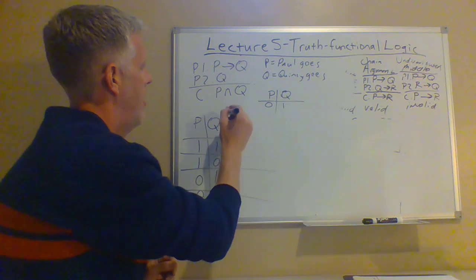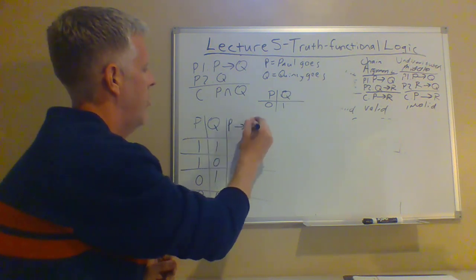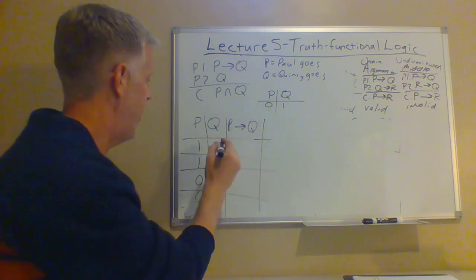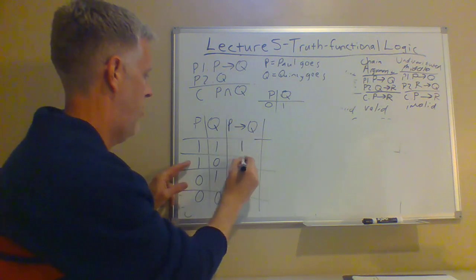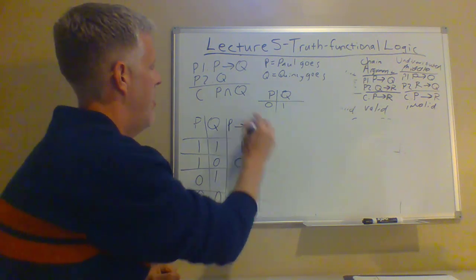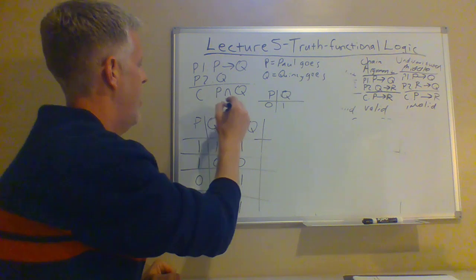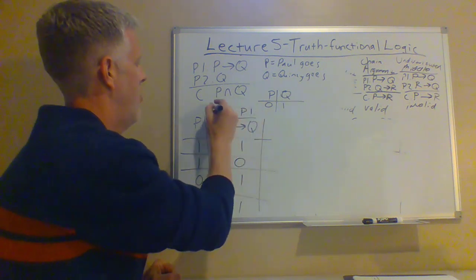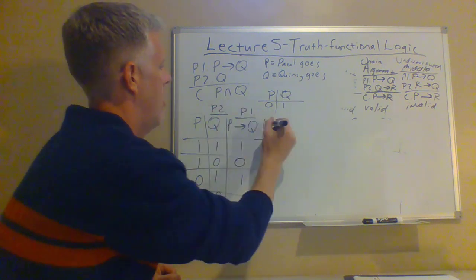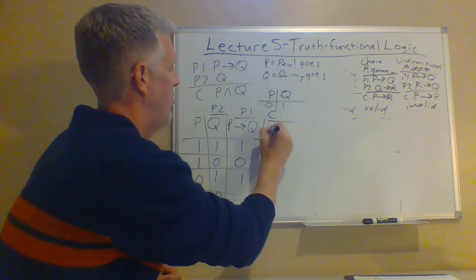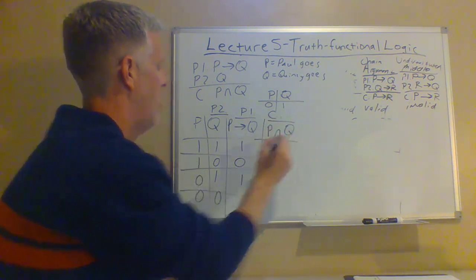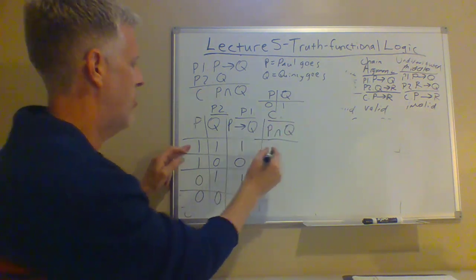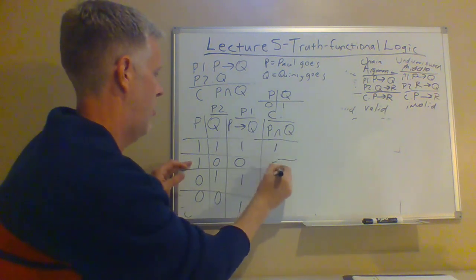Okay, and we have P then Q. I'm going to do this pretty fast. Okay, true, false, true, true. Then we have our conclusion. So we have premise 1, premise 2, and then we want our conclusion, P and Q. Remember, both P and Q have to be true for the conjunction to be true.